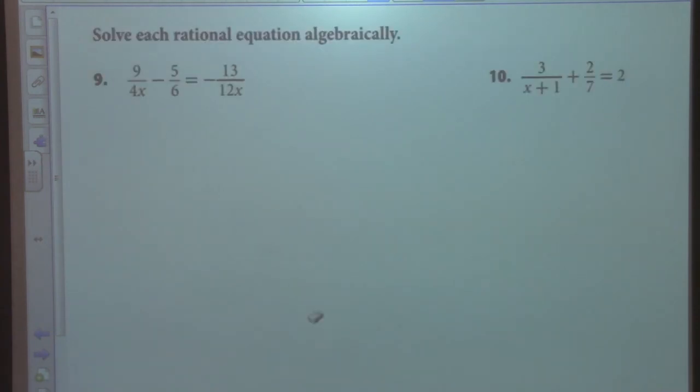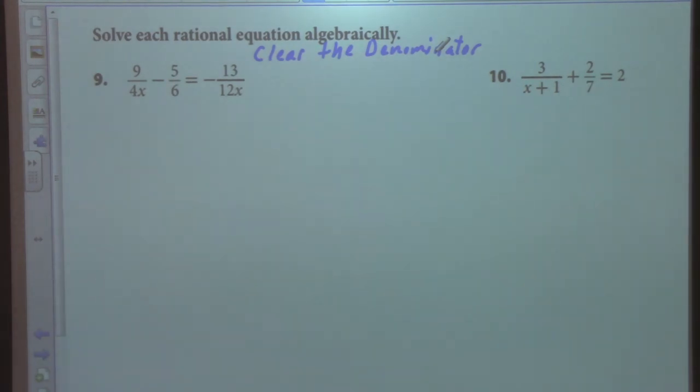Number 9. Solve each rational equation algebraically. What we're trying to do when we solve rational equations is something called clearing the denominator. Even though it doesn't say it here, there's one thing you have to be concerned with when you do this.